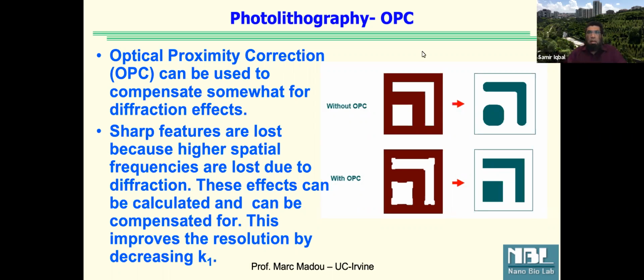If you look at the mask design on the lower picture, you see they have added some extra increased edges, like here, or here. So when the light is projected, it gives us very sharp features like which is shown here, instead of rounding off. So this is an issue when we are going down, reaching the diffraction limit, right?